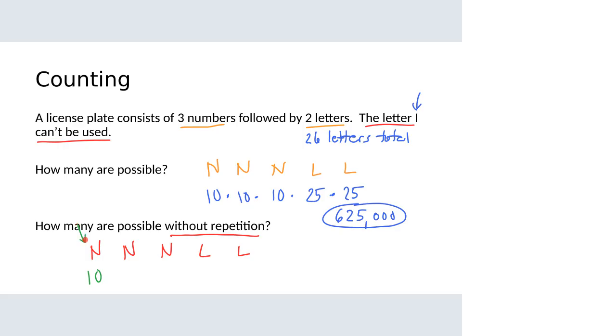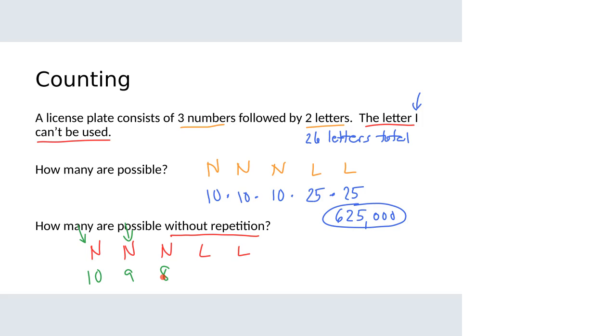I don't know what the number is, but I know I've used one of them. So I don't have all 10 to pick from anymore. Now I have 9. And then when I get over to this space, now I've used 2 numbers. So I don't have all 10 to pick from anymore because I've used 2 of the numbers. So instead of 10 or even 9, now I only have 8 numbers left to pick from.